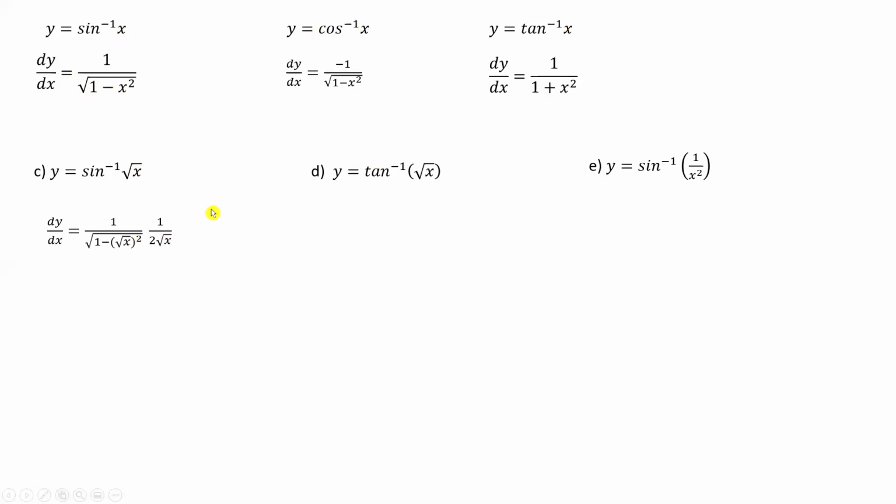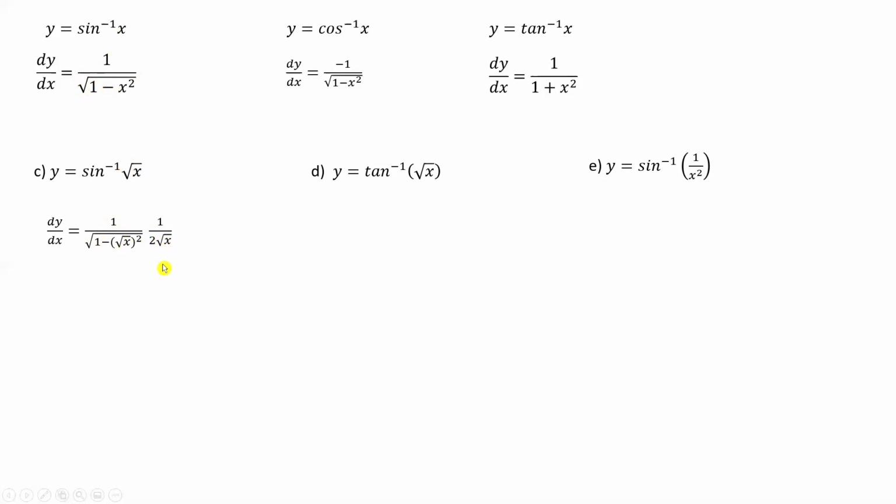I'll go over that again: 1 over square root 1 minus whatever we started with squared. Derivative of x in a square root, that's x to the 1/2, 1/2 x to the minus 1/2.